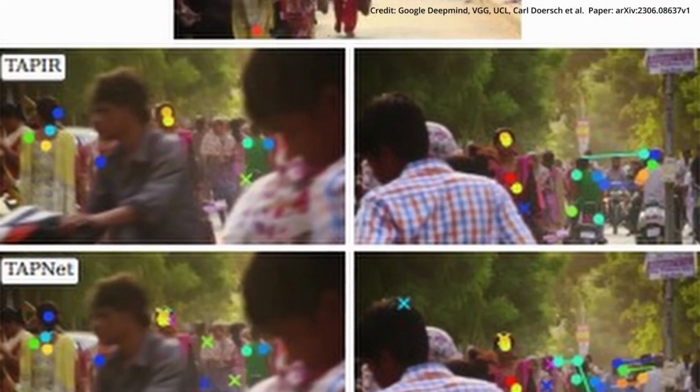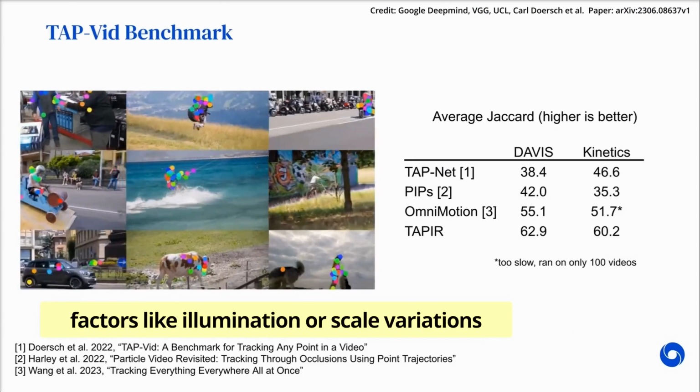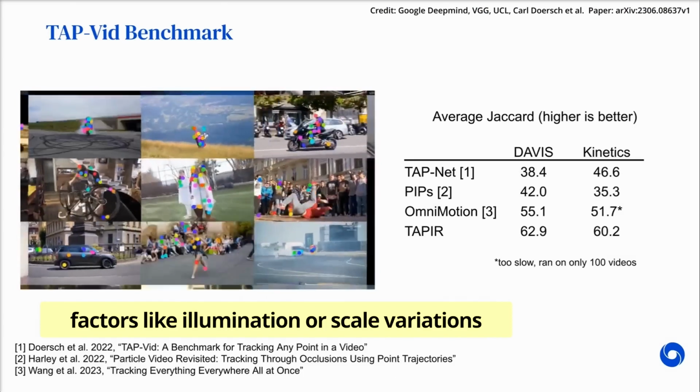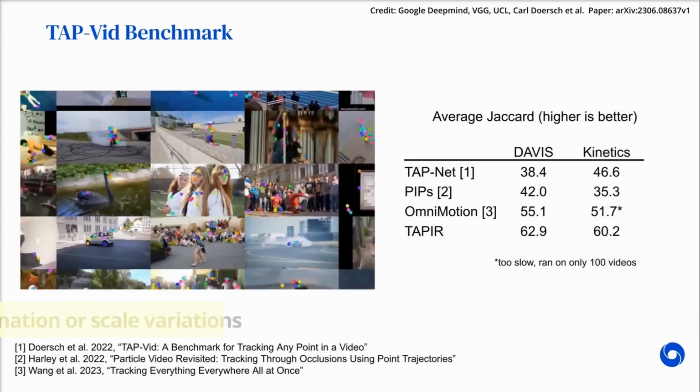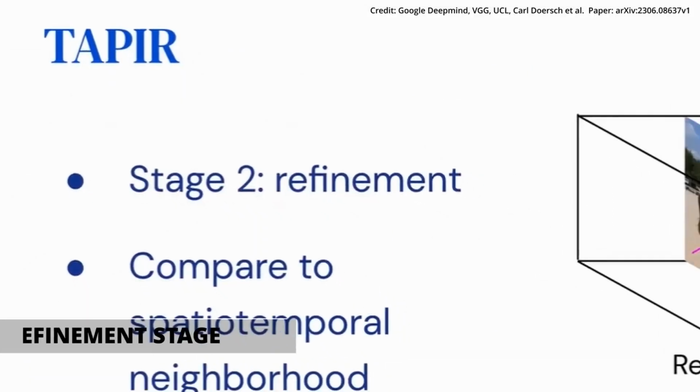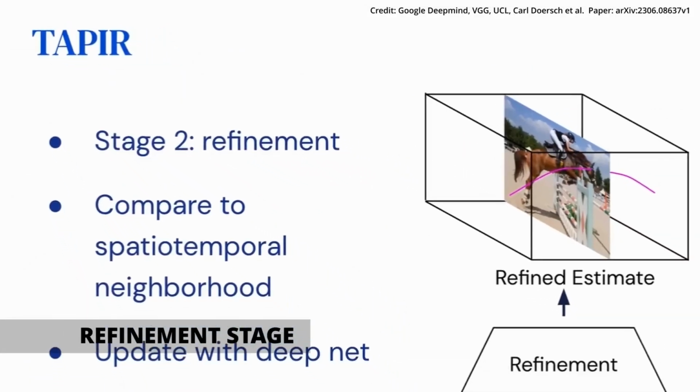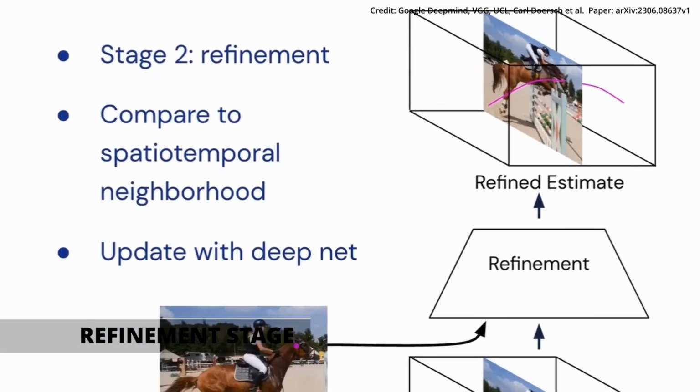In this manner, TAPIR can determine which point in each frame is most likely related to the query point. Because of this, it can withstand occlusion and motion blur even if the query point is obscured or unclear in some frames. On the basis of its look, it can still determine the closest approximation.